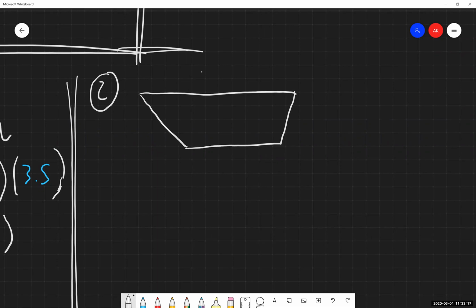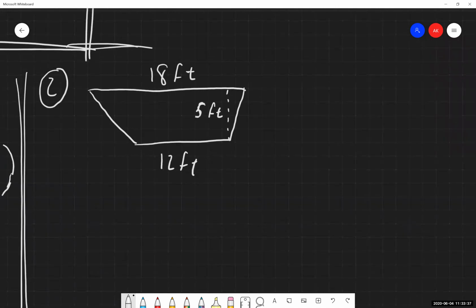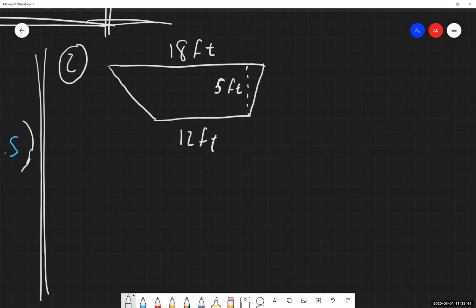I'm given this side to be 18 feet. Got 5 feet there. So again, we're looking for the area of a trapezoid. So I'd always recommend start with what is that formula? What's that generic formula? Write that down for yourself.